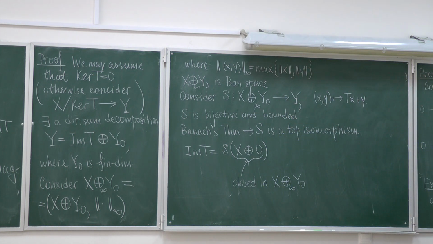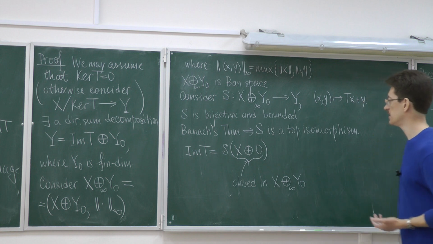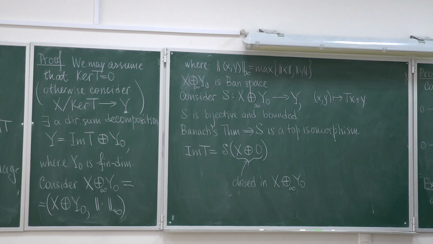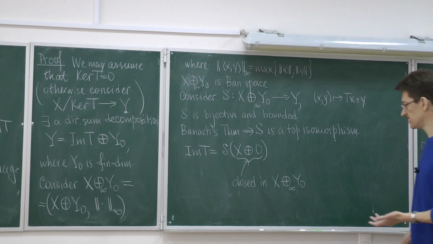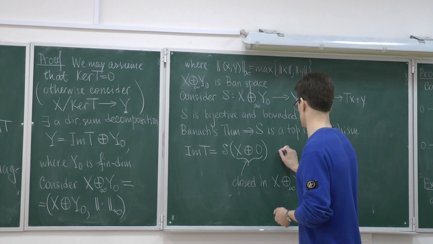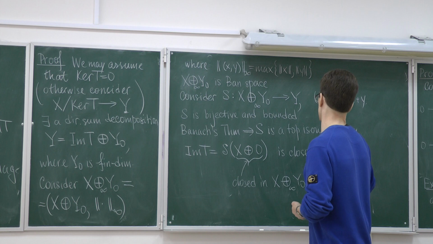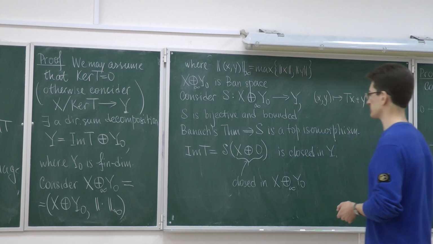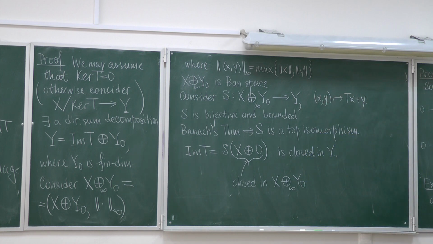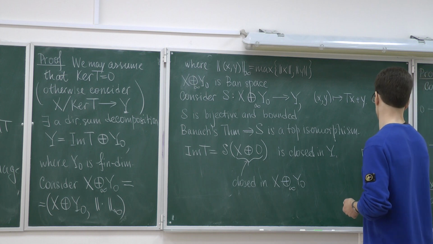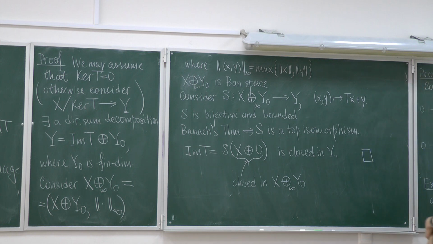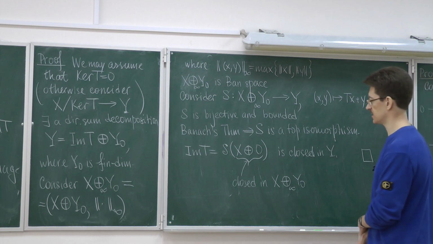But we already know that S is a topological isomorphism, so it is a homeomorphism of this sum onto Y. And each homeomorphism takes closed sets to closed sets. So it is closed in Y. And this completes the proof. So we have shown that if the cokernel of T is finite dimensional, then the image is closed.